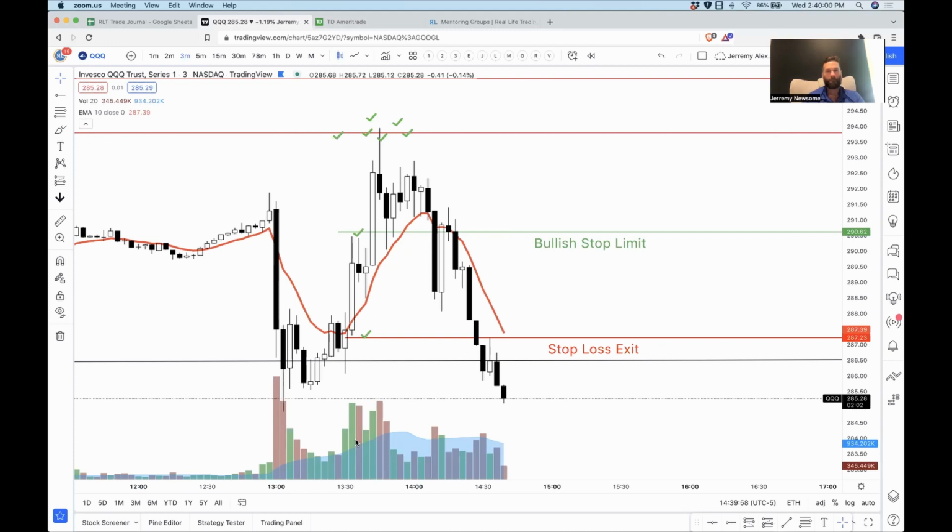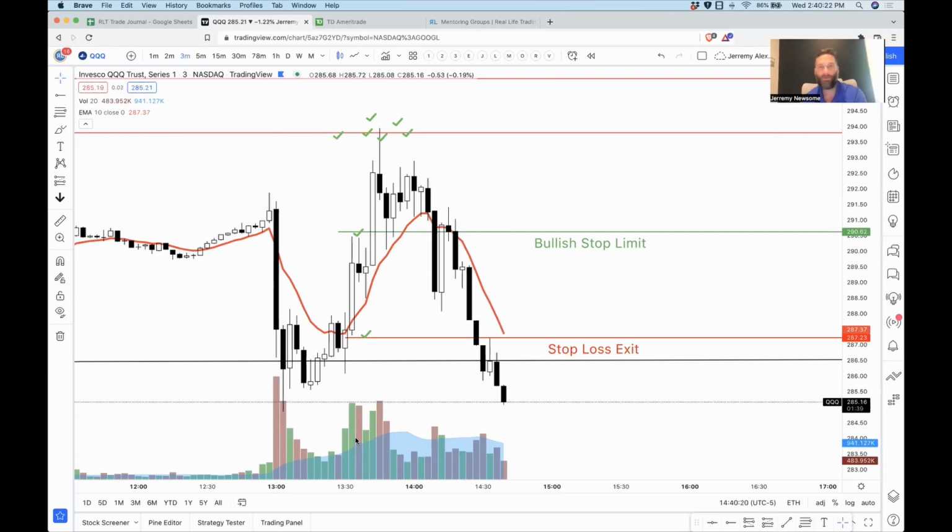The top check marks? Yeah. Why would you sell there? Because it's a bunch of candles with wicks. Definitely an answer. What else? Oh, and also you have that line there. Okay. What else? Oh, that big bull candle. Yep. What else?